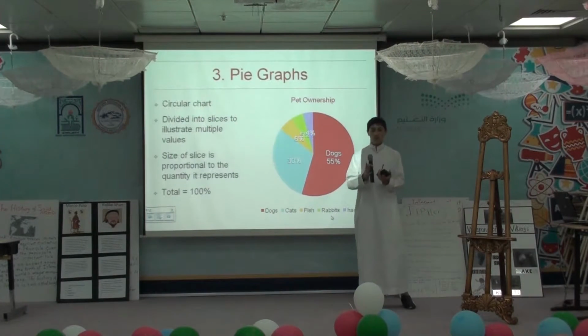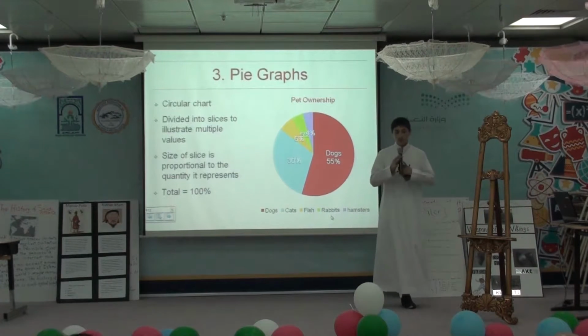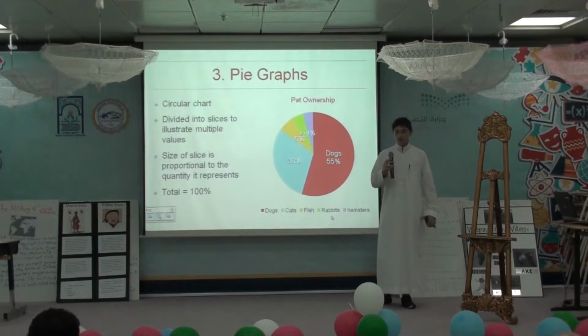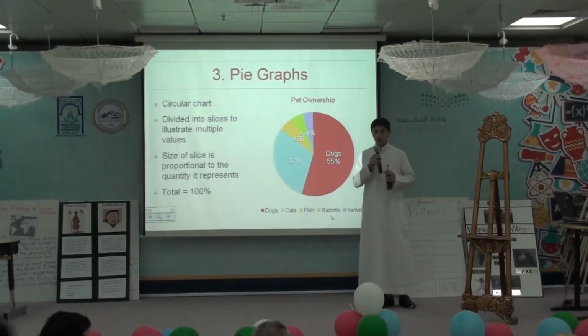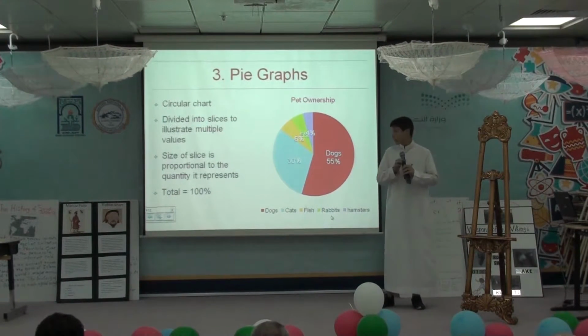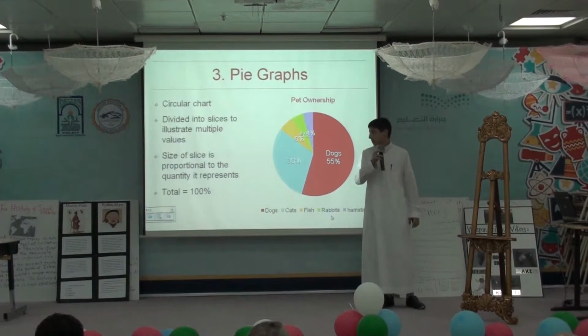If we add all the percentages of the slices of a pie graph, they will be 100%. But some experts recommend avoiding pie graphs because they are difficult to compare. Now I leave you with Shari, who will talk about box plots.